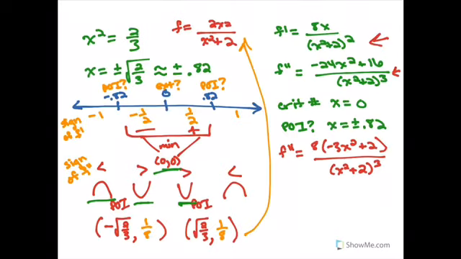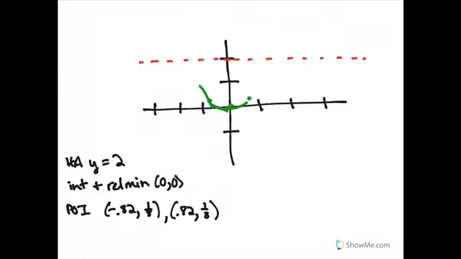Now, our number line here tells us about every point on this graph where behavior changes. So nothing changes to the left of negative 0.82. So as I continue to the left, I continue to be concave down, and I'm going to approach that horizontal asymptote.